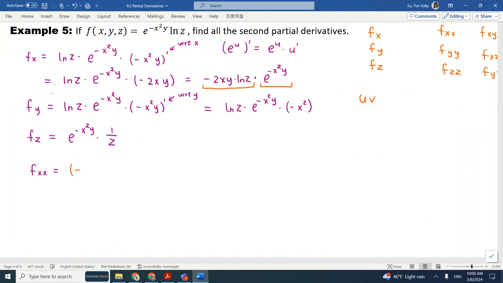U prime v plus u v prime. So we have u is negative 2xy ln z, and v is e to the negative x squared y, plus u, which is negative 2xy ln z, times v prime.